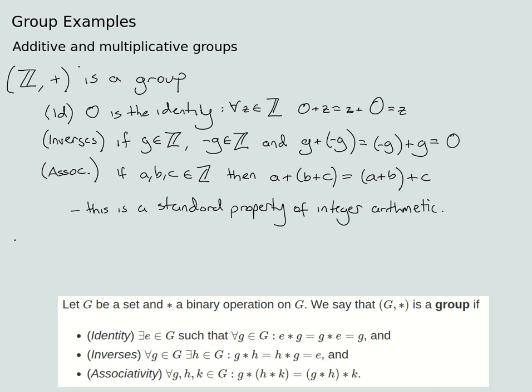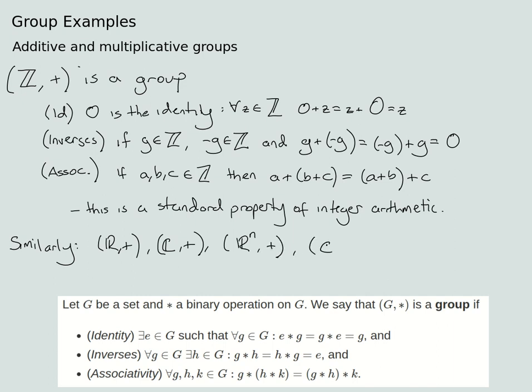Now, of course, similarly, you can show that all kinds of things form a group under addition. So let's say similarly, if we take the real numbers under addition, that will be a group too. And of course, the complex numbers. Generalizing this a bit further, if we take column vectors of height n with real entries, that has a notion of addition too.